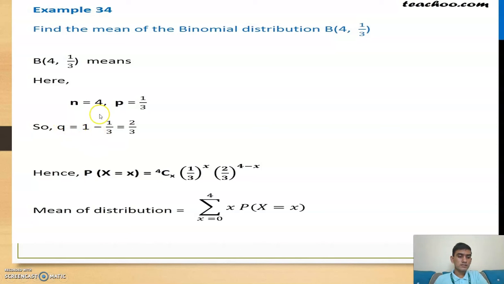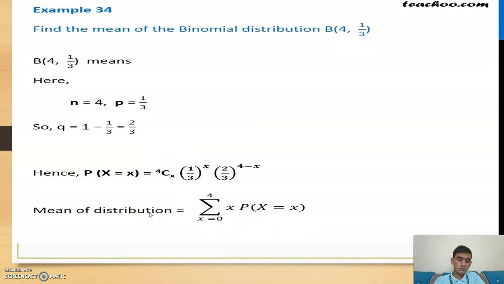The formula is 1 minus p. Substituting the values, 1 minus 1 by 3 is equal to 2 by 3. Hence P of x is equal to 4Cx (1/3) to the power x times (2/3) to the power 4 minus x. So the mean np is equal to 4 by 3.